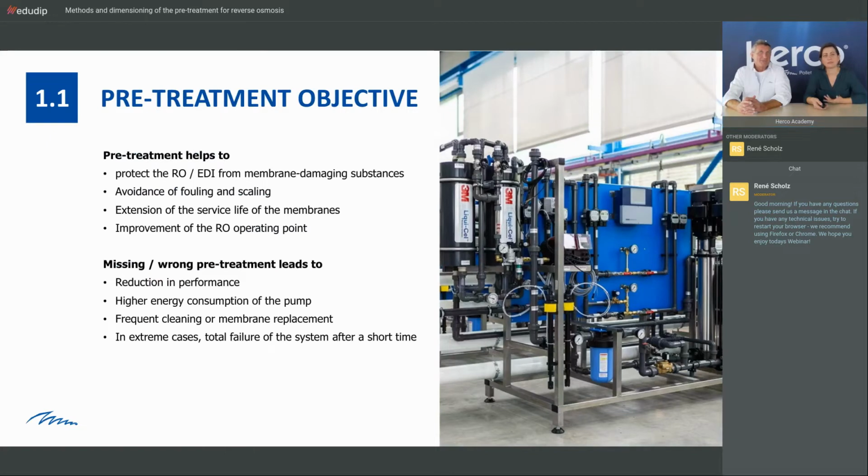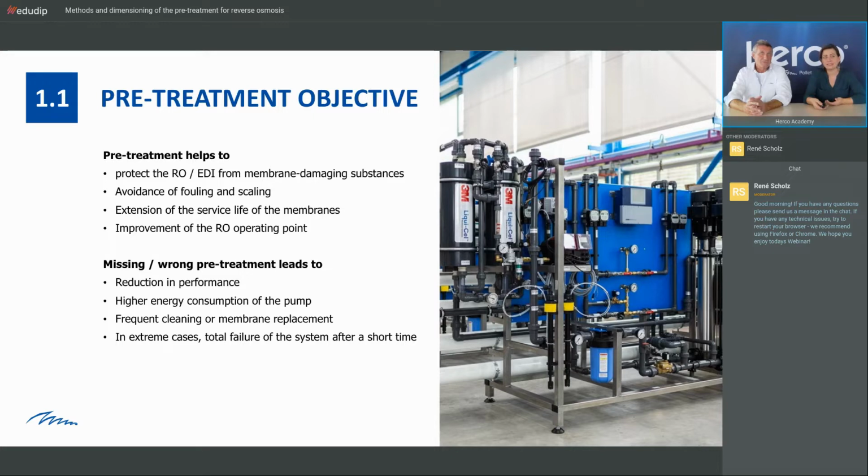Okay, so the objective basically, as Christian said before and showed you with this cross-section of the membrane, we want to protect the RO. Exactly. Always remember. And of course, the EDI from any substances that can damage the membrane. We want to avoid fouling and scaling. You see there are very small cross-sections, so they can easily get clogged up.